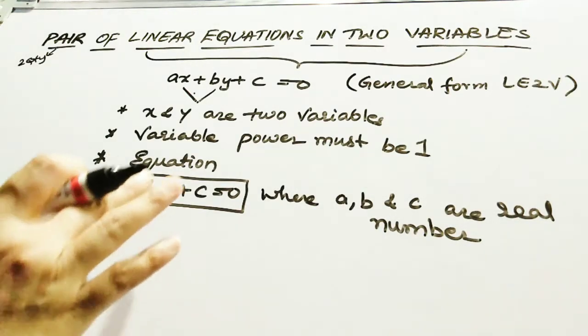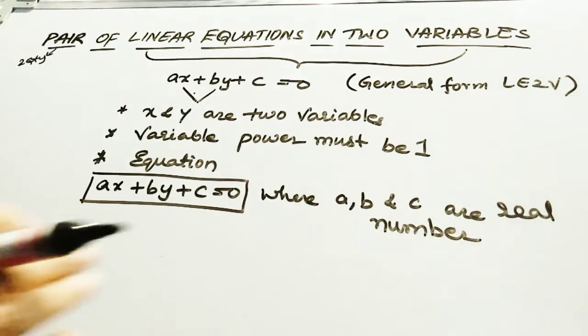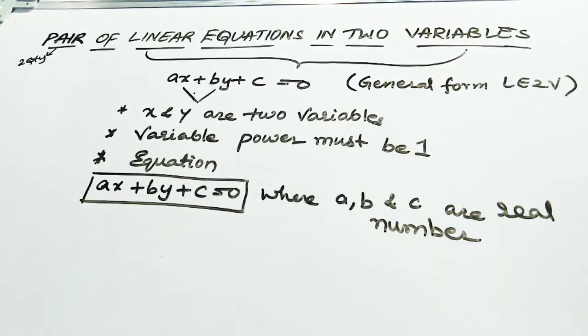We have discussed the real numbers topic in my previous video. If you missed my real numbers chapter, just go through it. So a, b and c are real numbers.